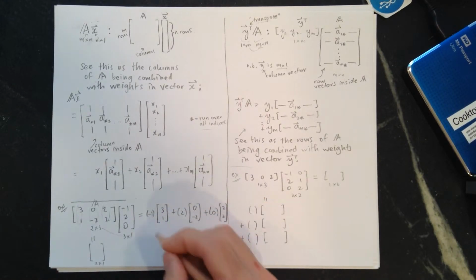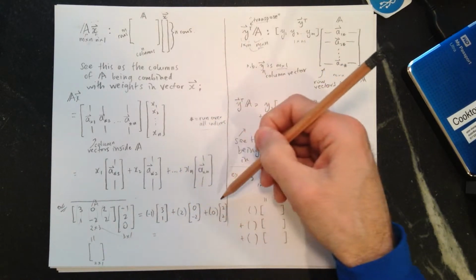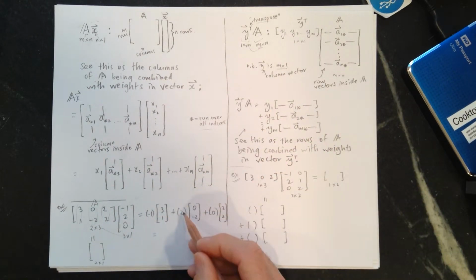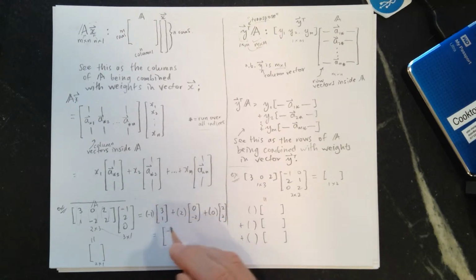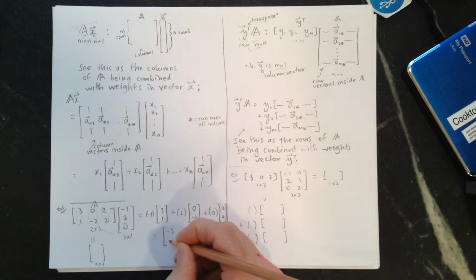So we go through and add these up. The way to think about this is that these are the individual sounds, the different instruments, and we're going to combine them. So we get -3 here, plus 2 times 0, plus 0, so it's just a -3. And this is -1, -4, so it's -5 plus 0.